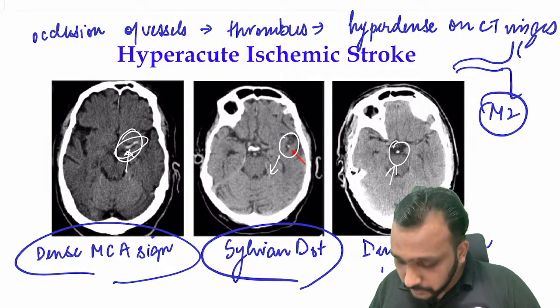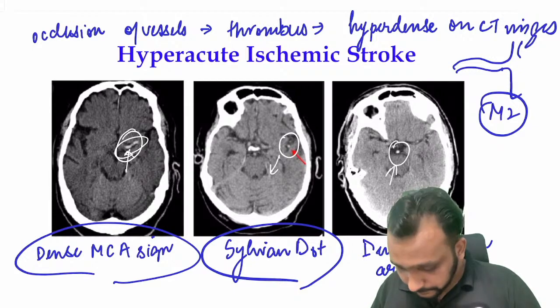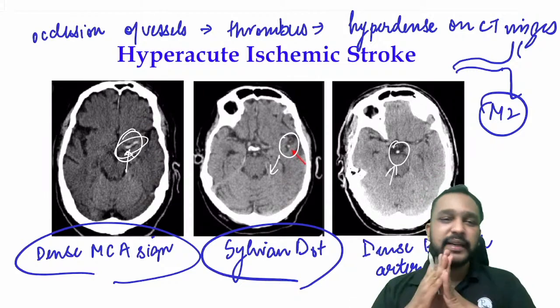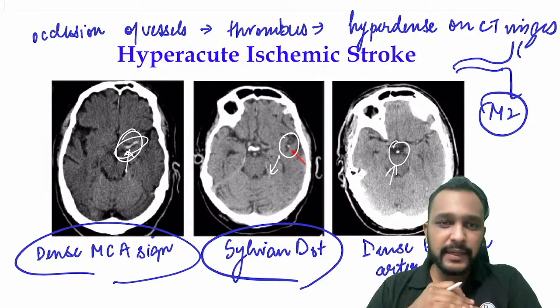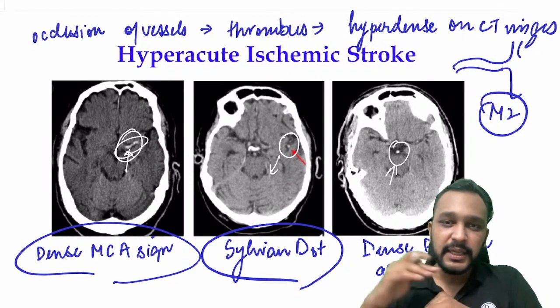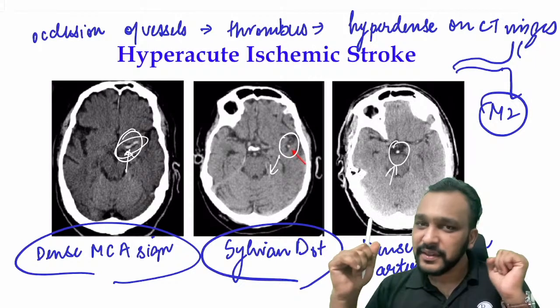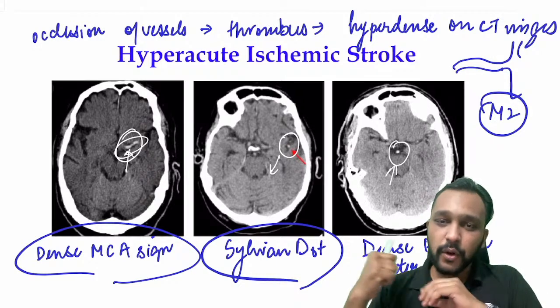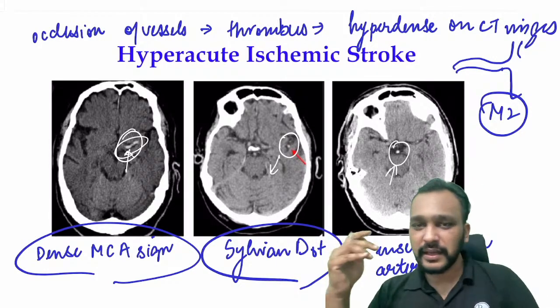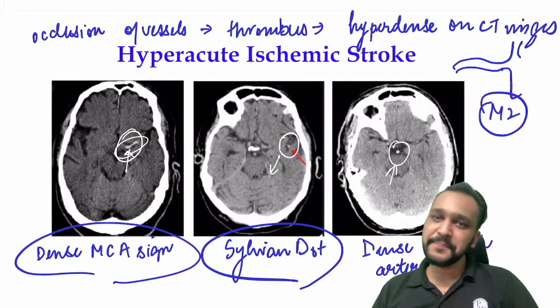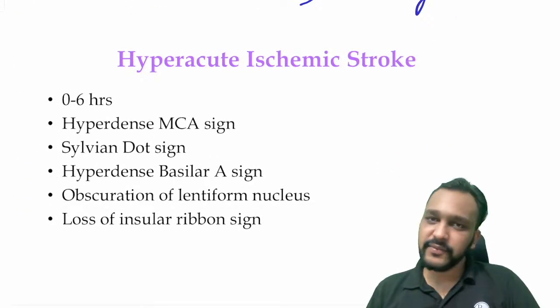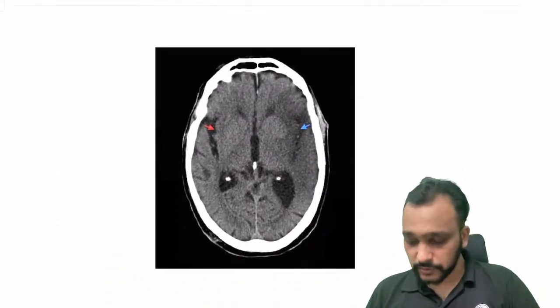So one thing that you need to remember is that the thrombus is going to appear hyperdense. When it occludes your M1 segment, we will call it dense MCA sign. When it occludes your M2 segment, we will call it Sylvian dot sign, and when it occludes your basilar artery, it is known as dense basilar artery sign, right? So these are the important imaging features of hyperacute ischemic stroke.